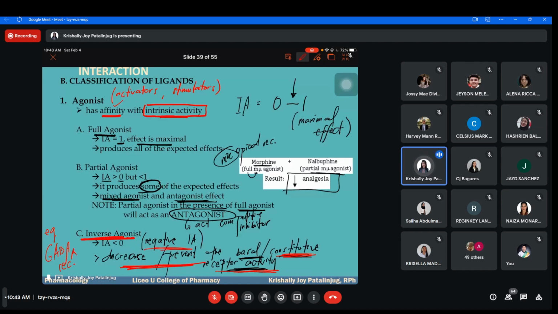So negative intrinsic activity yung ginagawa niya sa receptor. Okay, so it's not zero intrinsic activity. Dinidecrease niya lang talaga yung basal receptor activity. Kasi kapag zero na, antagonist na yon. Magkaiba yun sa inverse agonist. So I hope you understand na iba si inverse agonist sa antagonist.